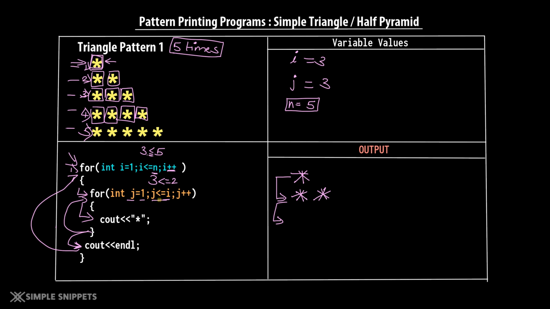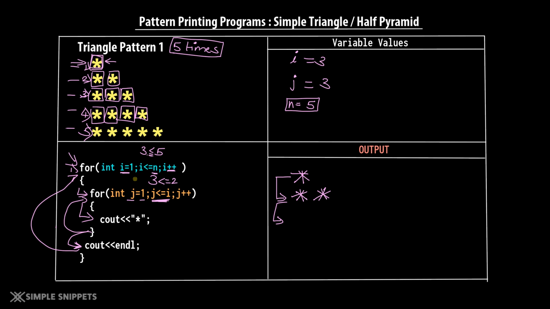So that is the reason why we gave this condition, because for the first iteration i is always going to be 1. So if we assign j equals 1 and then we say j is less than or equal to i, for the first time j will only iterate once, that is the inner for loop will only iterate once. When i becomes 2, the second time the inner for loop runs from 1 to 2, the pattern will be printed 2 times.